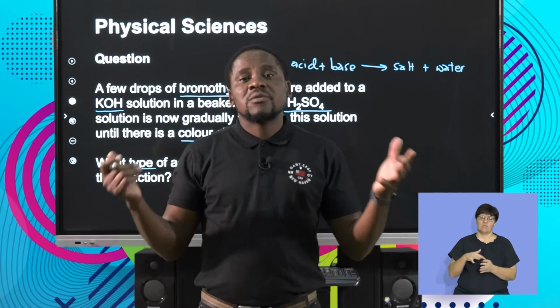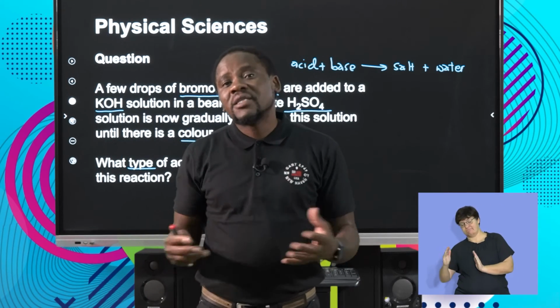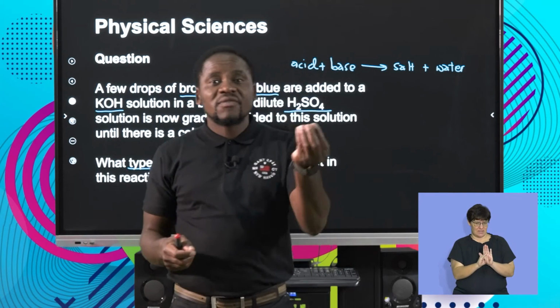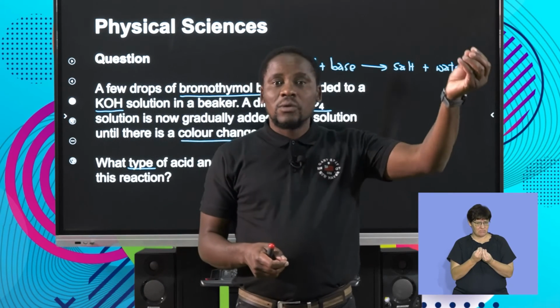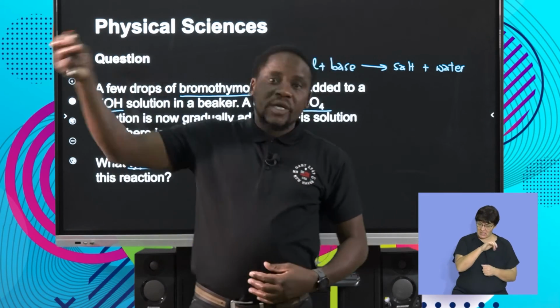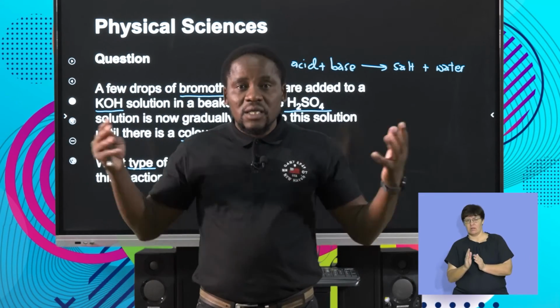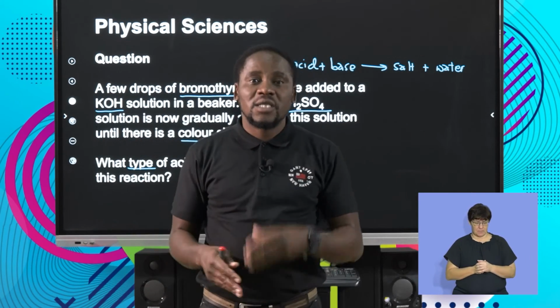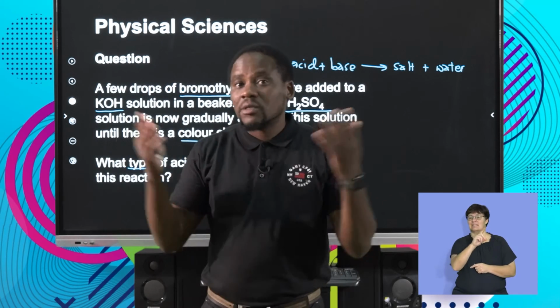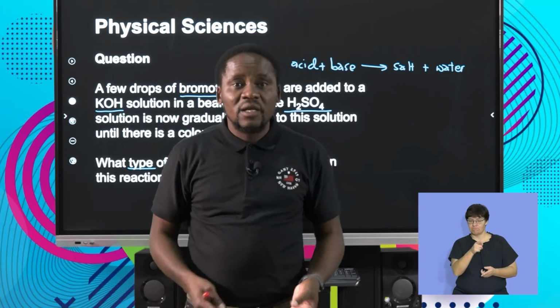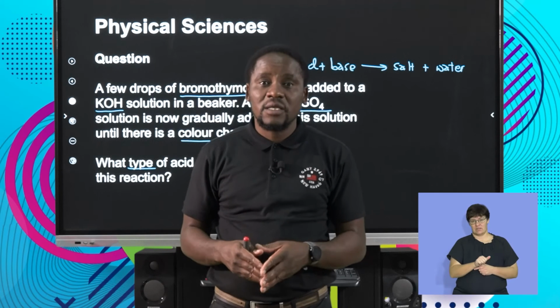So this question is demanding that we identify a given substance as a strong acid or strong base, or weak acid and weak base. Generally the reaction is an acid-base type of reaction. So it's a pretty straightforward question that has to do with remembering the classification of acids and bases.